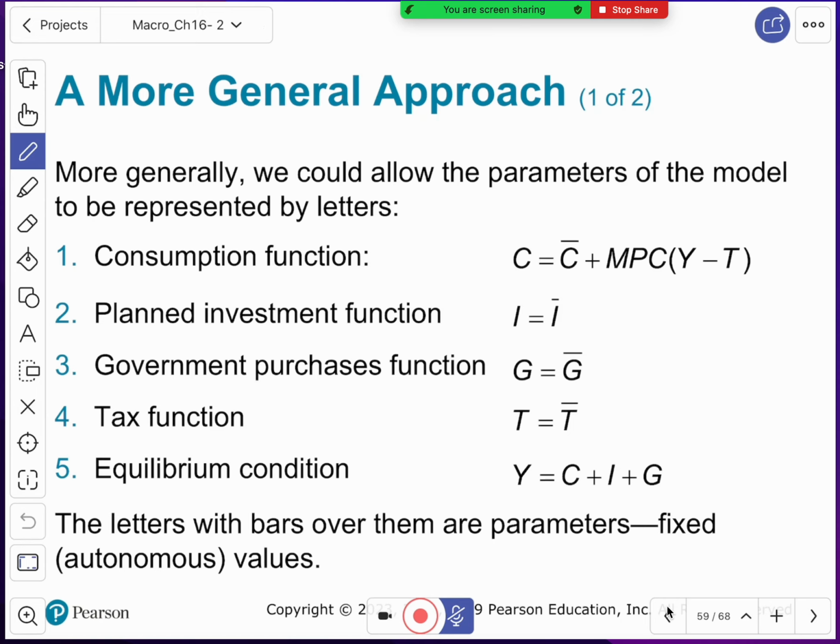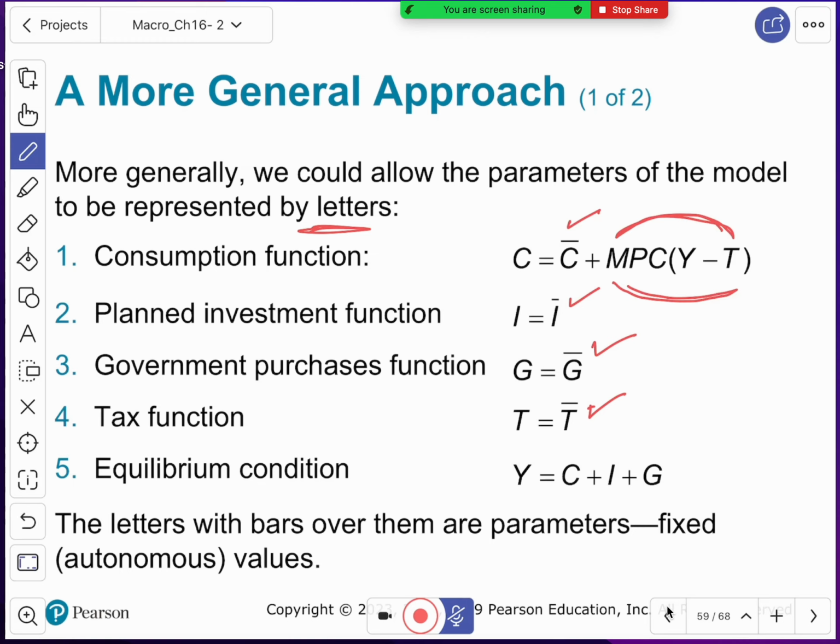The general approach of writing it is just writing it in letters, right? Every time we're writing it in a general way, we write C bar, that stands for the autonomous consumption, I bar autonomous investment, G bar autonomous government spending, T bar is the autonomous tax amount, and this part is called the induced part of consumption because it is the amount of consumption that depends on disposable income.